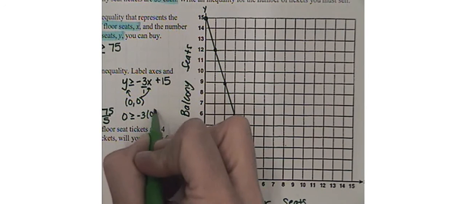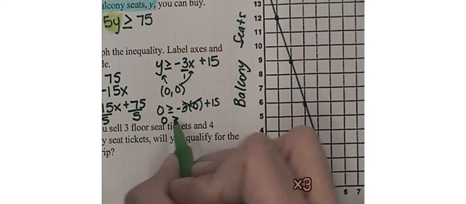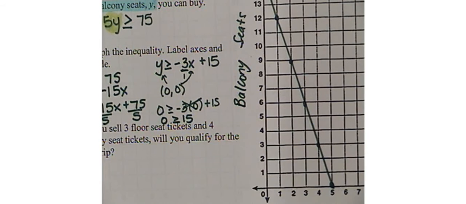Okay, so 0 is greater than or equal to negative 3 times 0 plus 15. This always cancels, and so we're left with a 0 and my symbol and my y-intercept of 15. Is 0 bigger than or equal to 15? Is the Pac-Man mouth eating the bigger number here? No, this is a false statement.